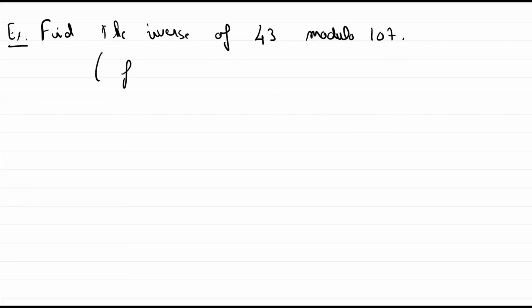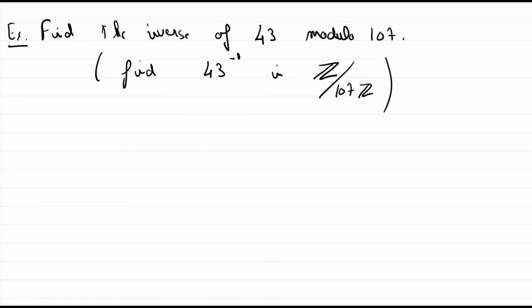So, exercise: find the inverse of 43 modulo 107. I can write it, for example, as find 43 to the power minus 1 in the ring of integers modulo 107, and I can add a bar here.